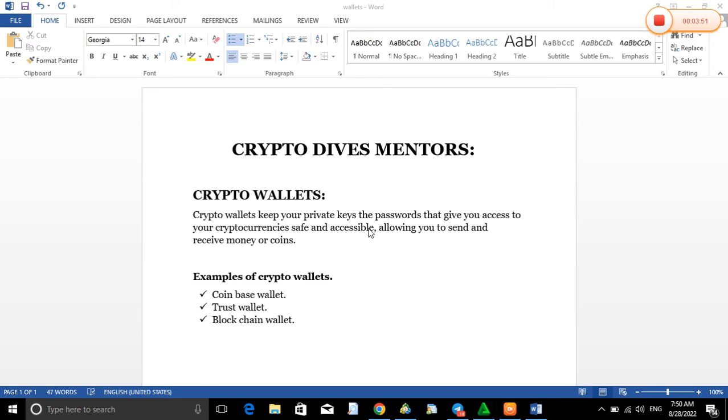The second one which we highly recommend is Trust Wallet. Trust Wallet also enables you to buy and sell coins through decentralized exchanges like Pancake or Uniswap. To access Trust Wallet, you have to go to the website of Trust Wallet and create an account.